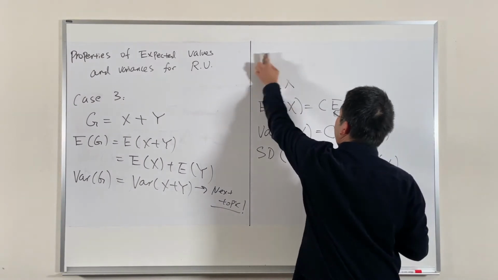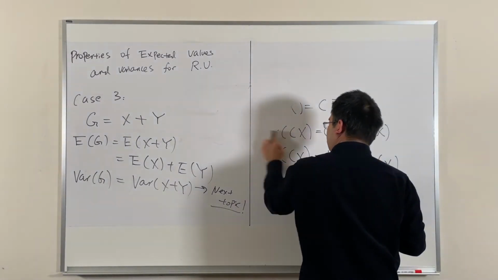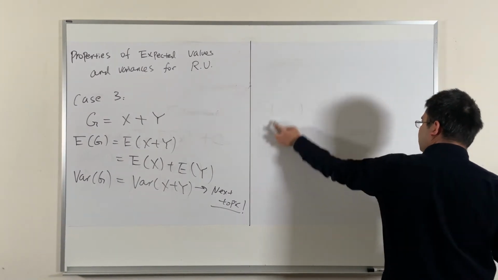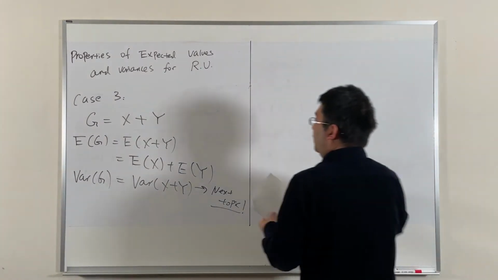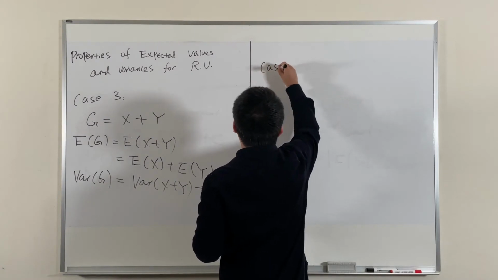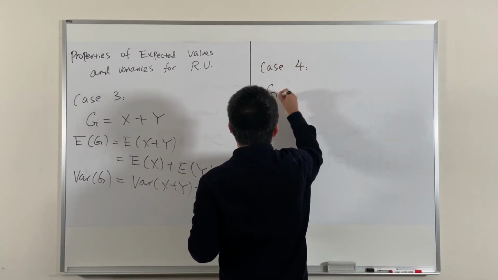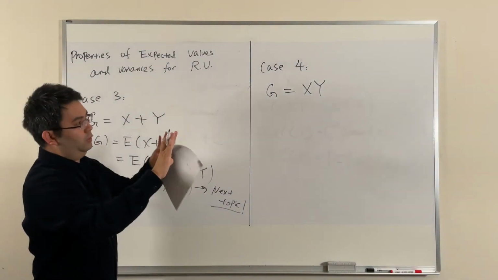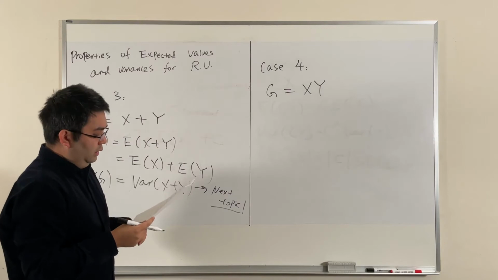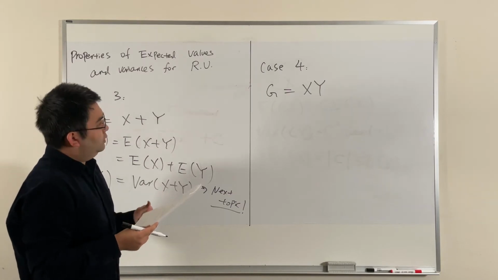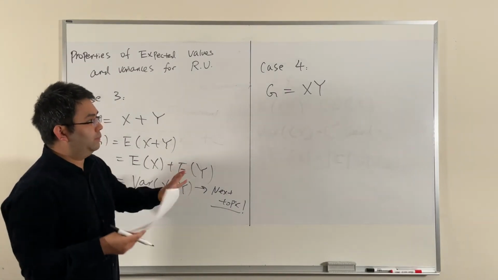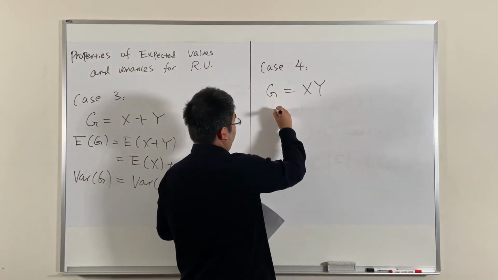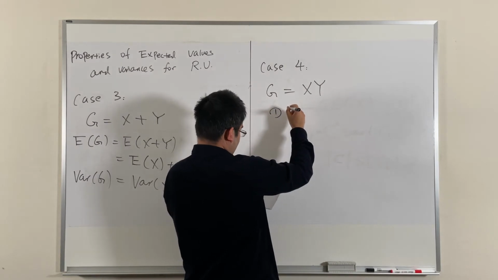Next, we are going to have two random variables multiplied by each other. Case 4. It's when you have g equals x multiplied by y, two random variables that you want to multiply together.